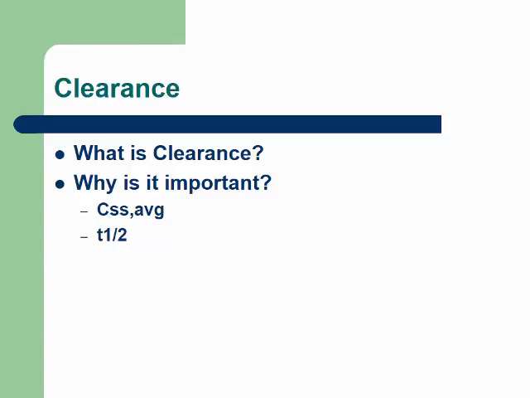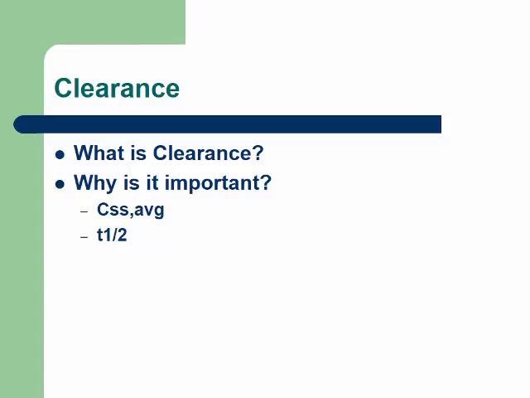The definition of clearance is the amount of blood where we can remove all of the drug per time. So it's the amount of blood where all the drug can be cleansed from it per time.